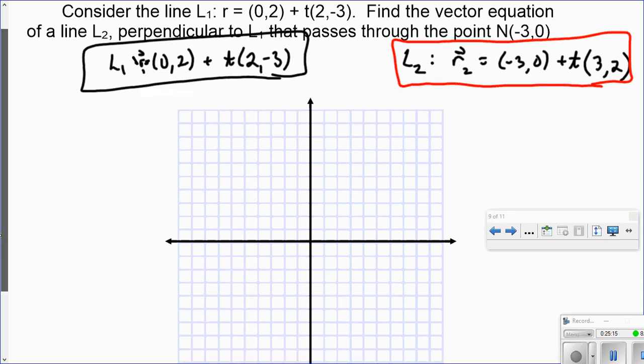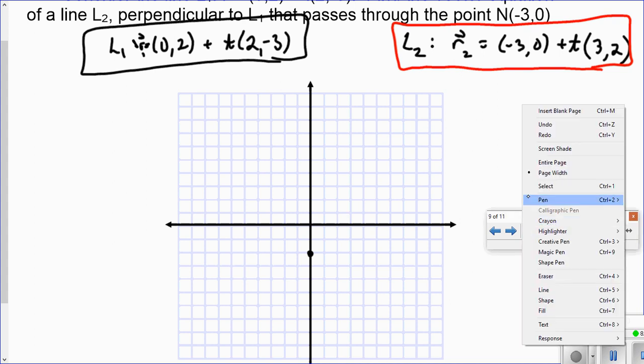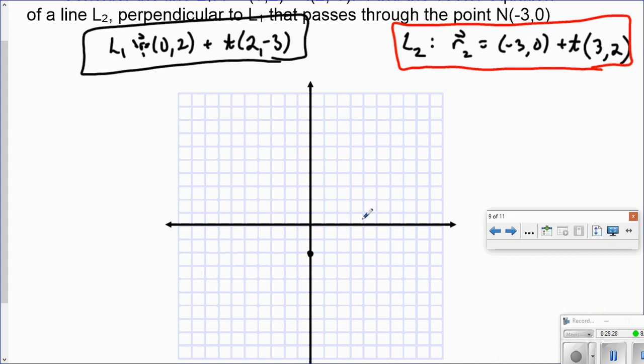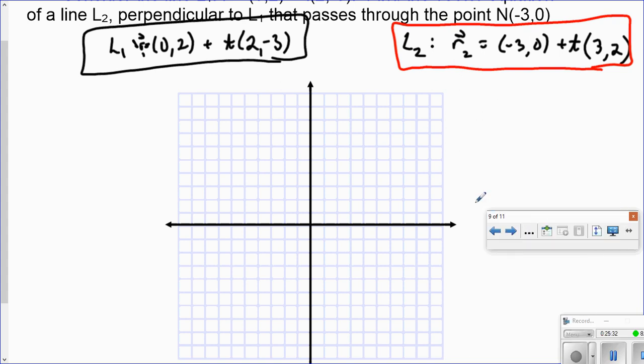Just a quick review on how we graph this. L1 starts at (0, 2), so (0, 2) is up here. Then from here I go over 2 and down 3: 1, 2, 3.